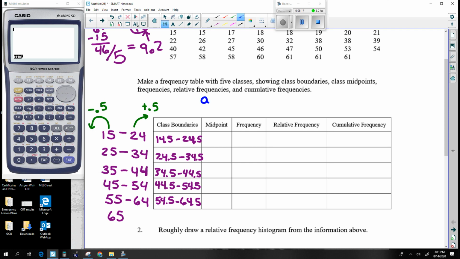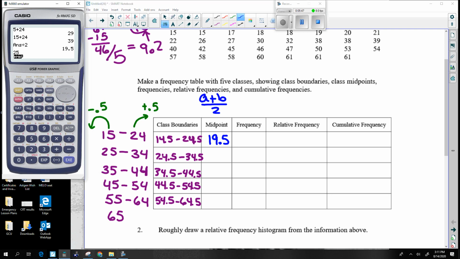How you find the midpoint is you add up the two numbers and you divide by 2. So in this first category, I'm going to add 15 and 24 and divide by 2. As I said before, it's okay to have a 0.5. 0.5s are in the middle of things. So that would be the first class boundary.